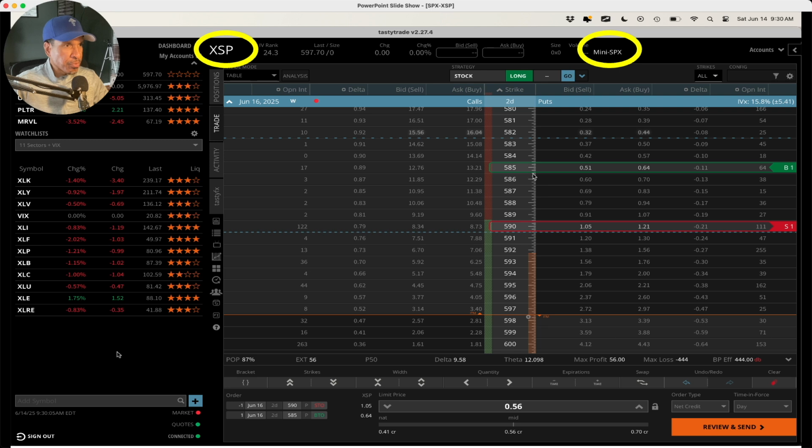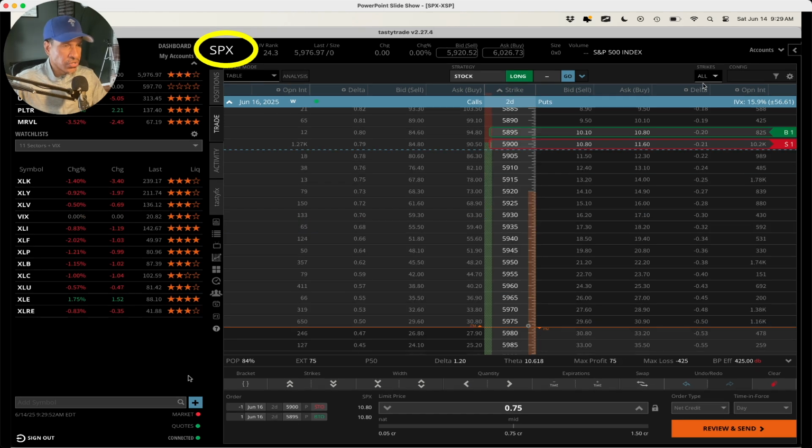On the mini SPX, there is an 89% chance of you walking away without a complete loss, right? So the probability is higher for you to walk away with the money, or not have a complete loss, on the mini SPX versus the SPX. So hopefully you guys are tracking.